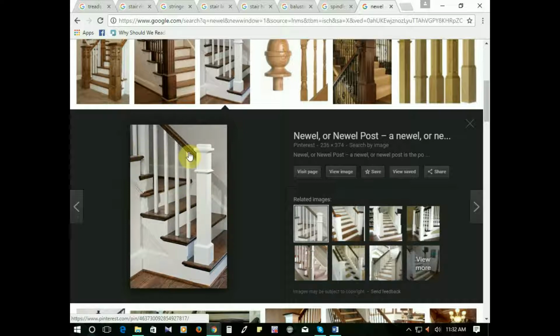So this handrail would be termed as this one, the one that you hold on to. The first pillar is called the newel, and all that are in the middle are called either baluster or spindles.